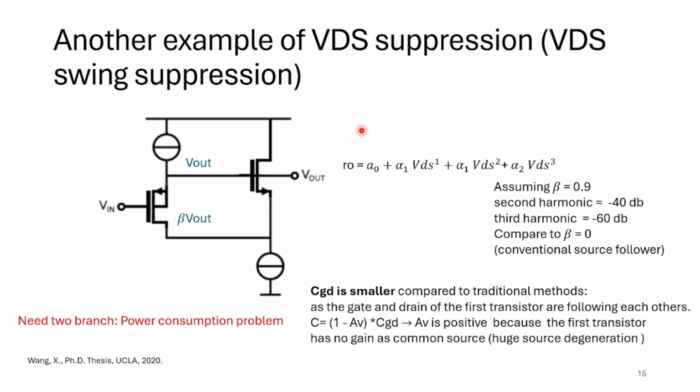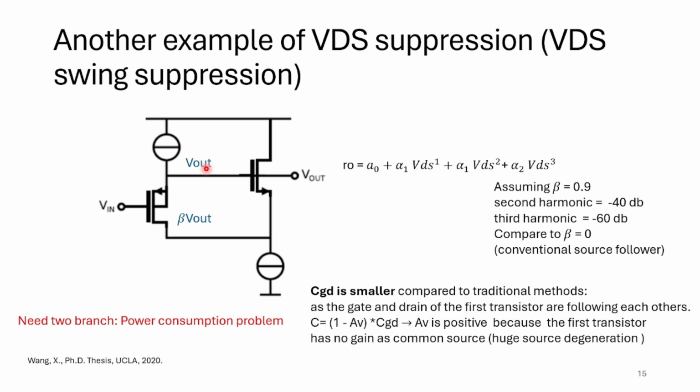Another way to reduce the drain source effect is to use this circuit. In this circuit, there is a plus: besides the drain source following each other phenomenon, you also have a limited swing for the drain source.